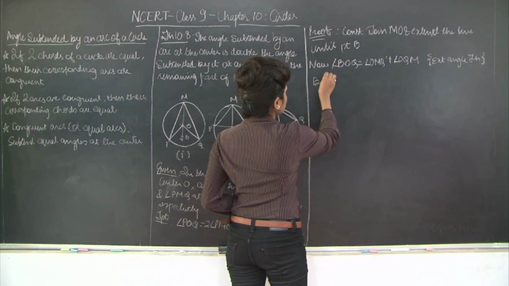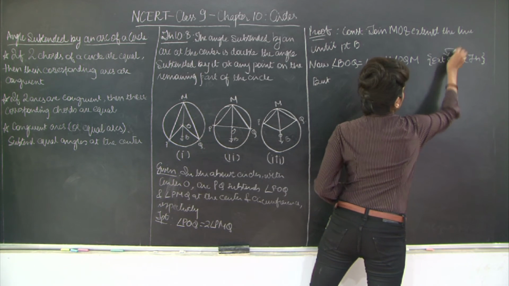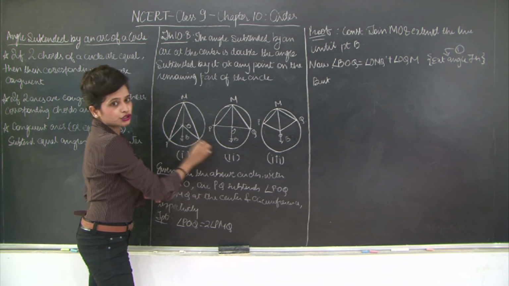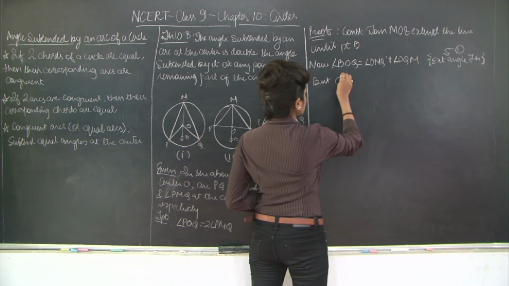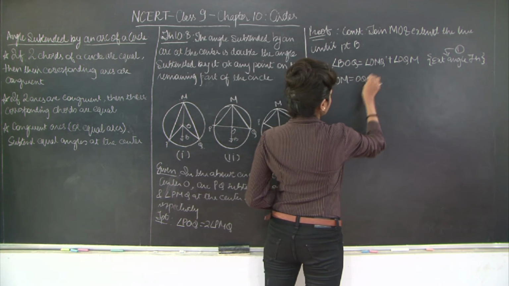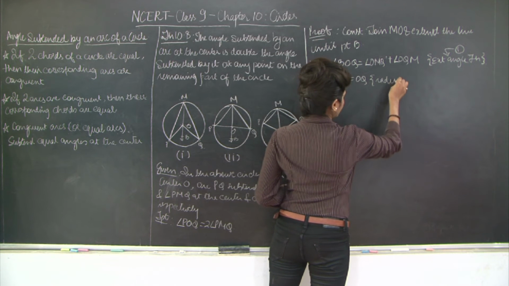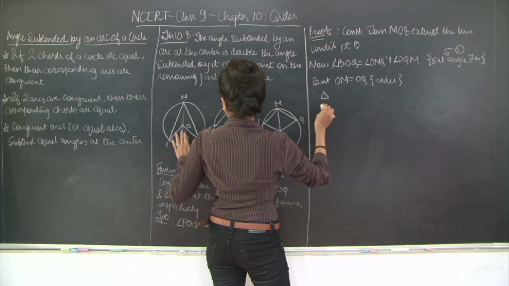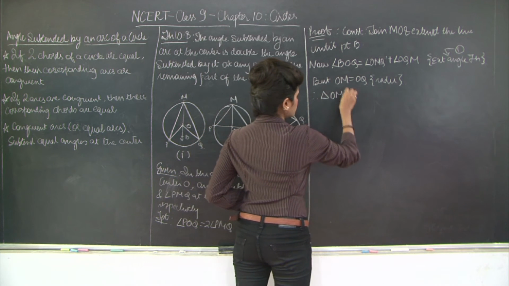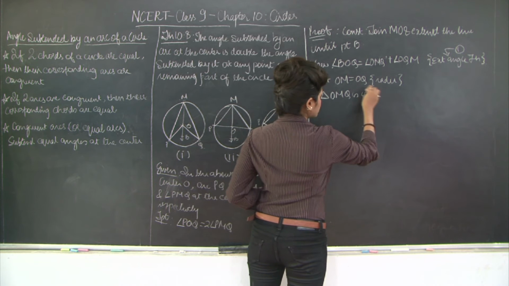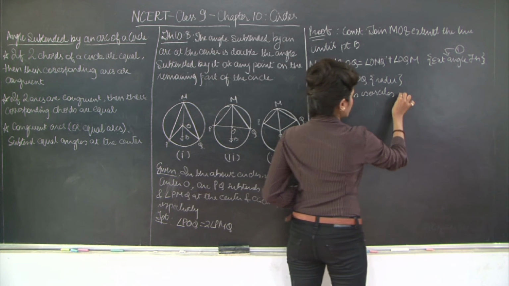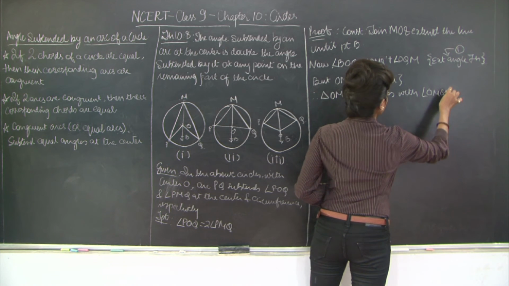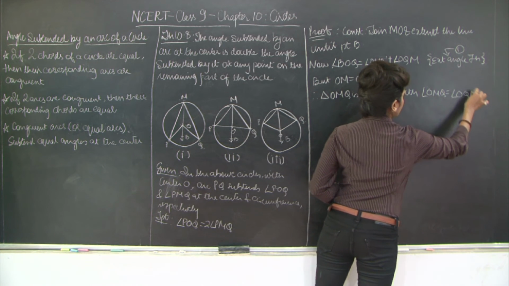So let's mark this as 1. But what do we know? That OM is equal to OQ because they are the radii of the circle. Therefore, triangle OMQ is isosceles with angle OMQ equal to angle OQM.